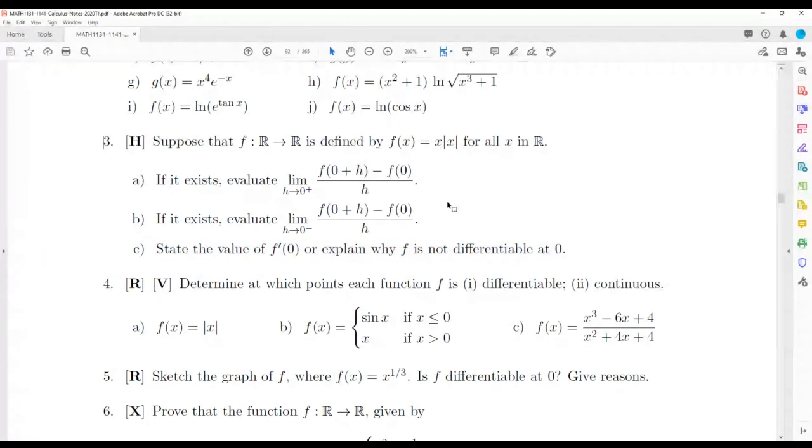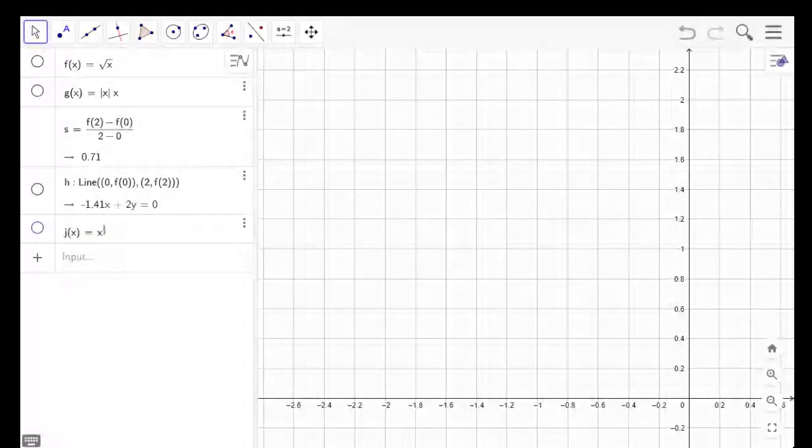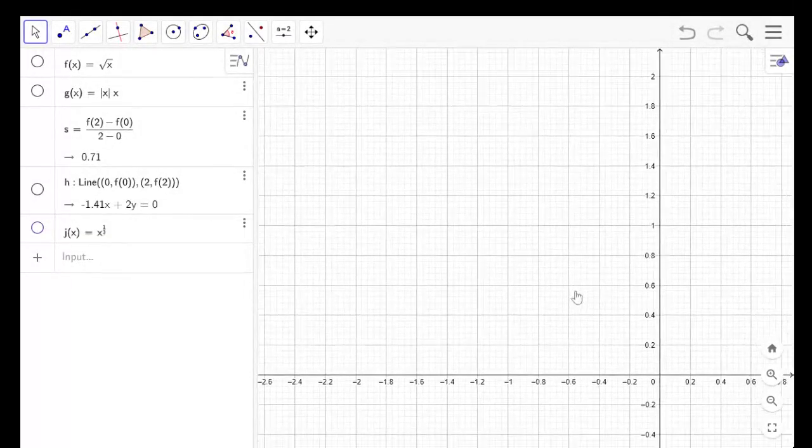Now, in many cases, as I'm sure you already know, drawing a picture can help, okay? Did someone say GeoGebra? Well, let's go and have a look. So what I've done here, let me share my GeoGebra screen with you. You should be able to see that now.